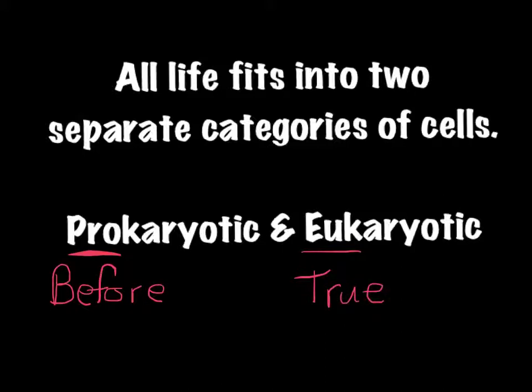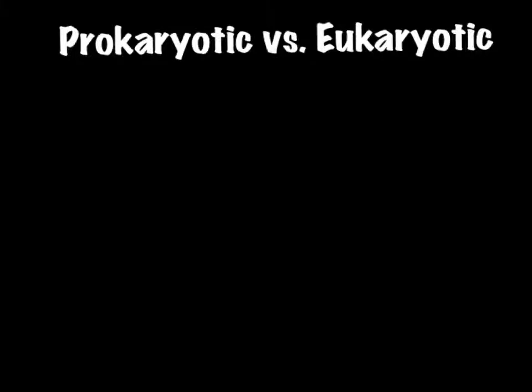So the easiest way to remember this is that prokaryotic cells do not have a nucleus, and eukaryotic cells do have a nucleus. So let's take a look at how these two different types of cells compare to each other.